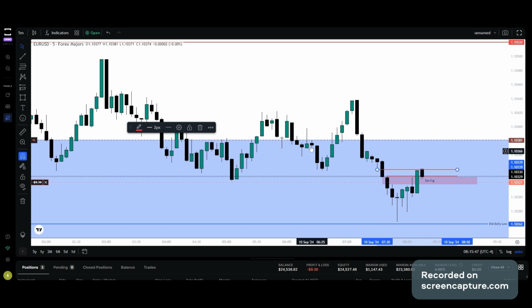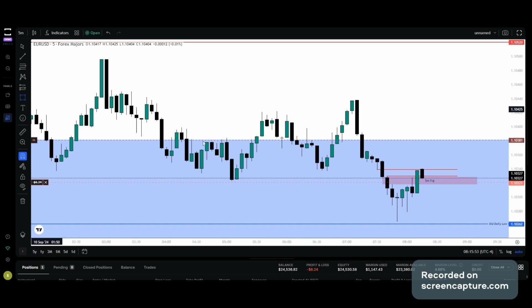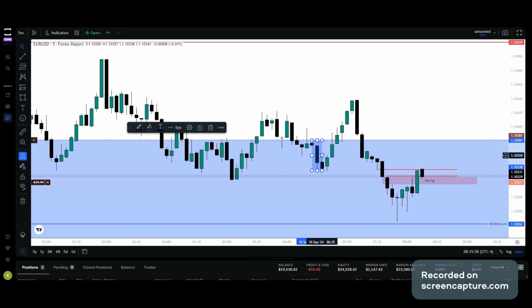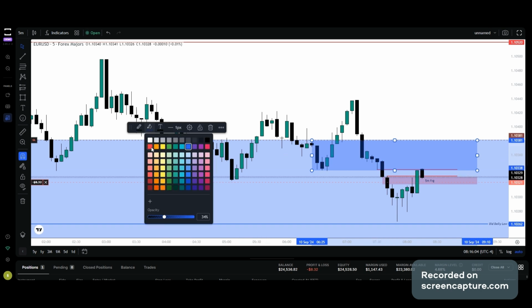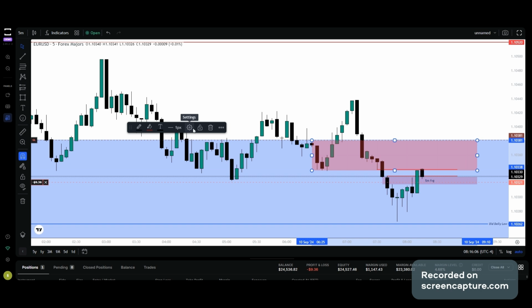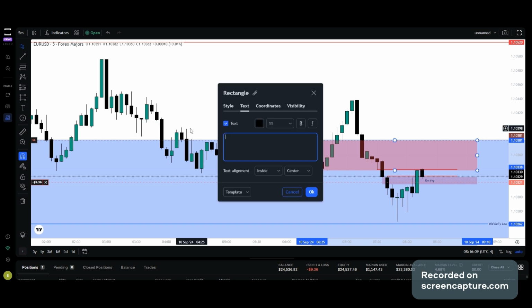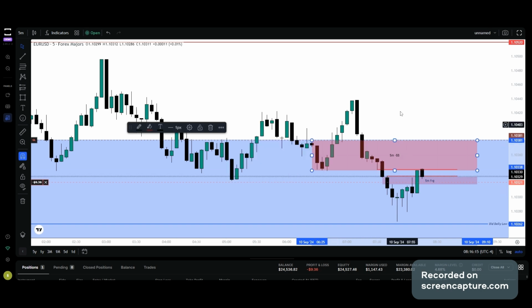Okay. And then also we have this bearish breaker right here as well. So I can highlight that. It's a 5-minute bearish breaker.